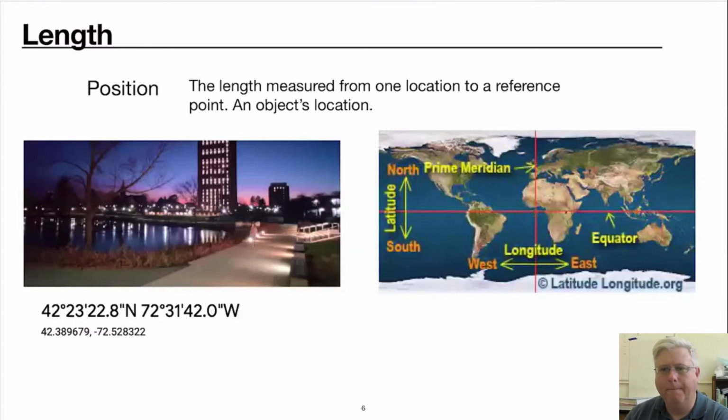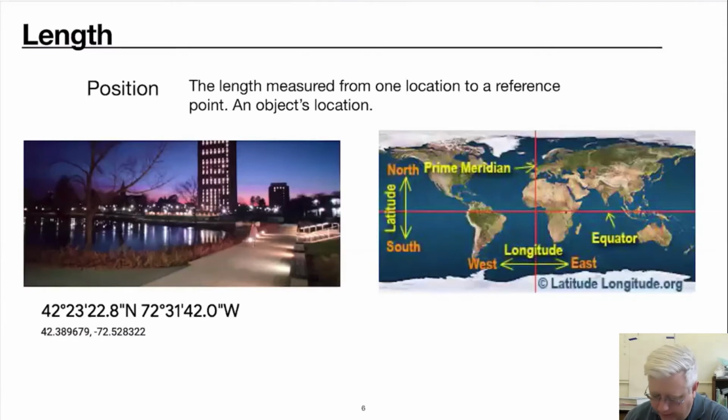All right, so we have distance, just a generic how far anything is, a length in general, with no reference. Position, we are talking about with respect to a reference point.